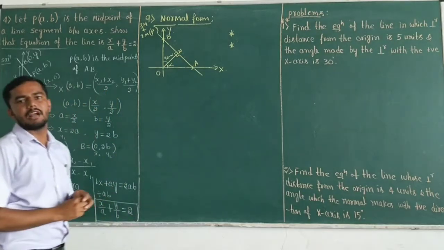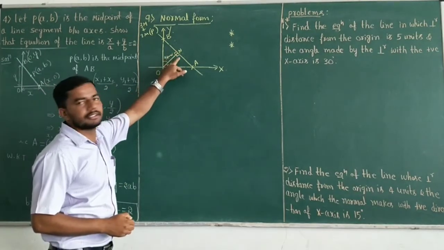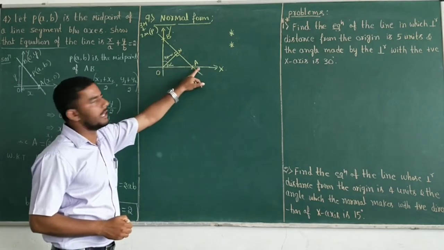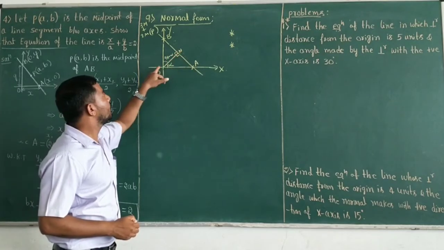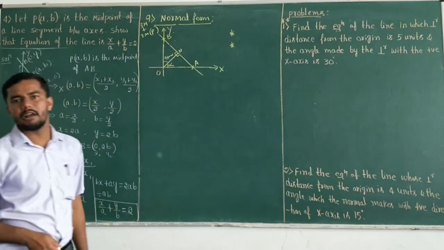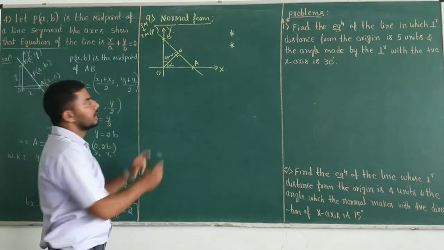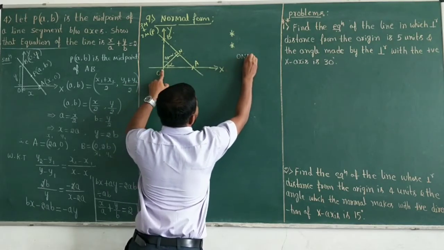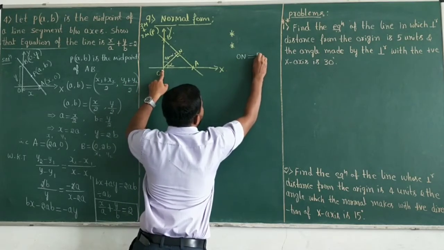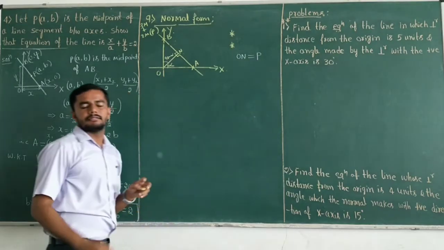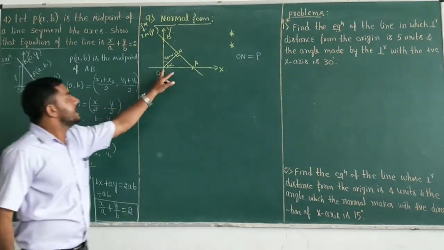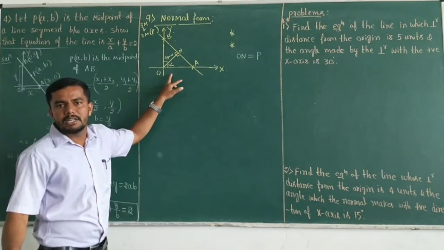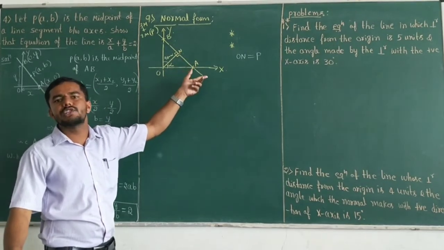These two are right angles equal to 90 degree. NOA is alpha, NOB is 90 minus alpha. And also the distance from O to N is denoted by P. So what is P here? P is nothing but perpendicular distance.